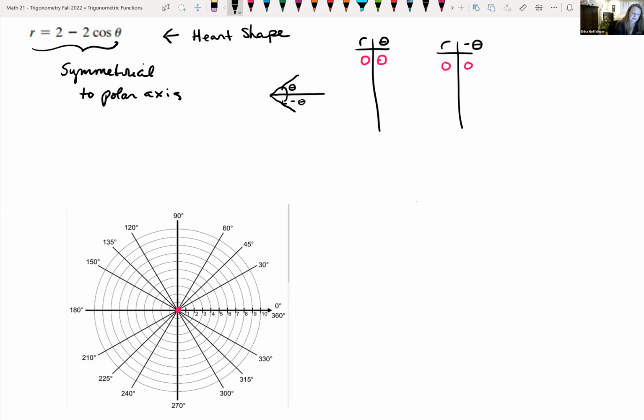So let's plug in another value. Let's say we plugged in pi halves. I know cosine pi halves is 0, so I have 2 minus 0. So I'm going to have a point at 2.